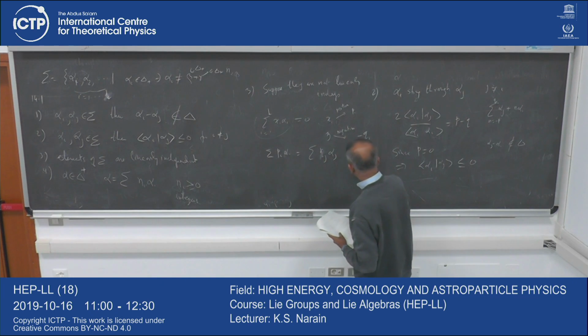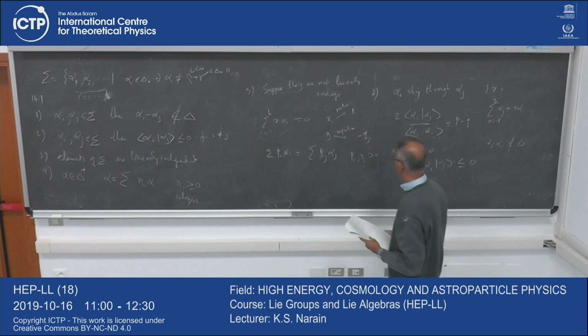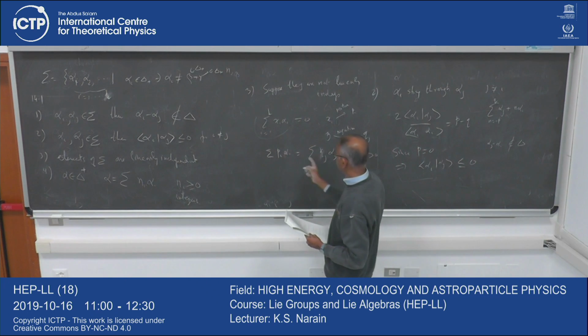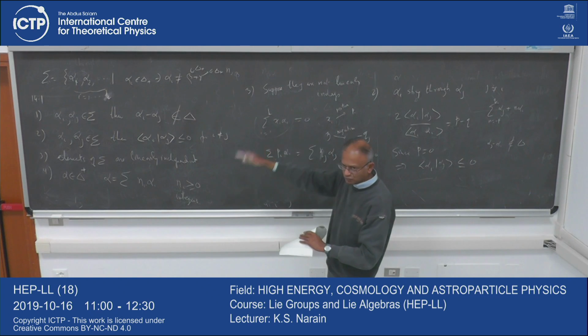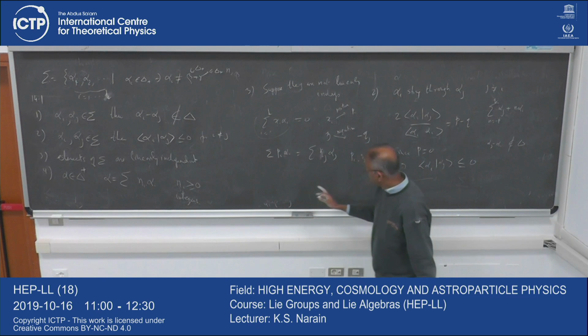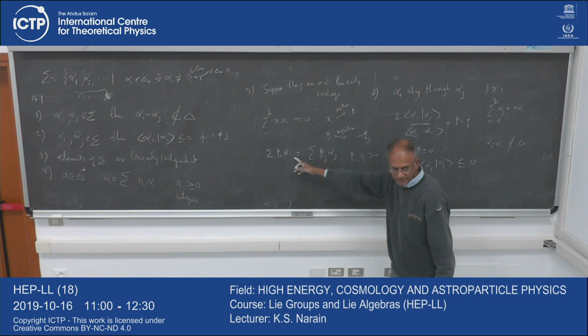So now all the pi and qj are positive. If some coefficient is 0, it simply doesn't enter. I've just removed the zero coefficients, and what is left over is non-zero coefficients, some positive, some negative, so I just separate them.